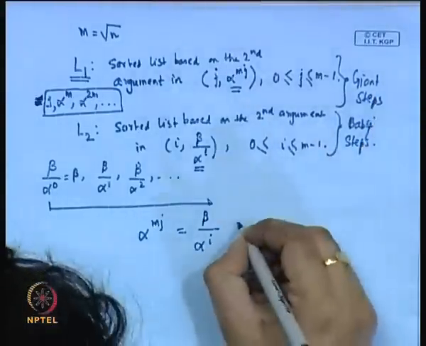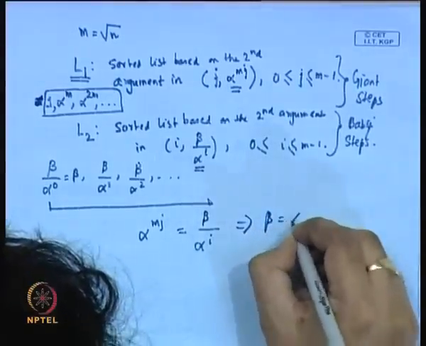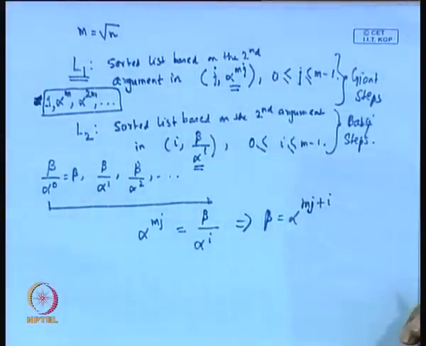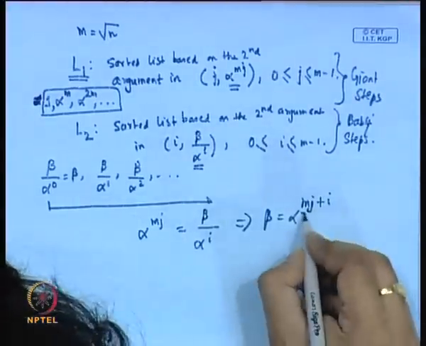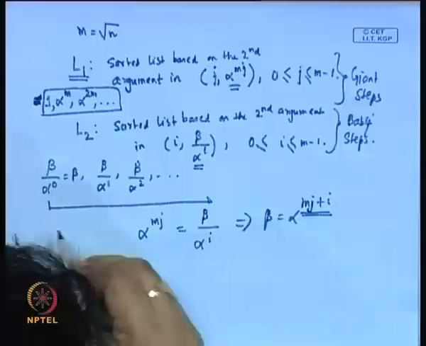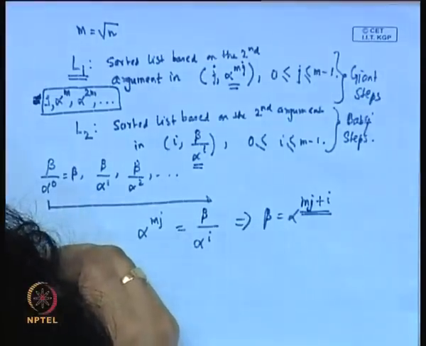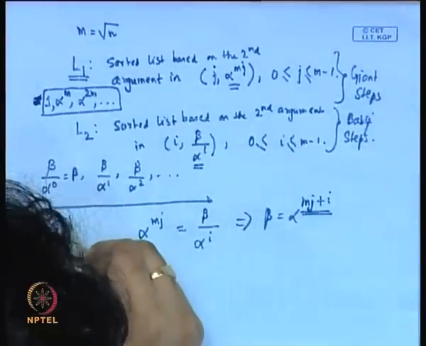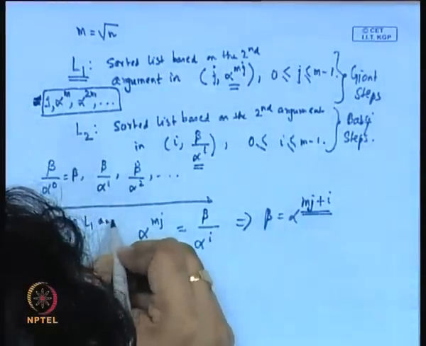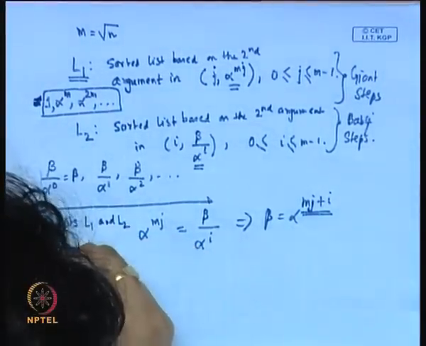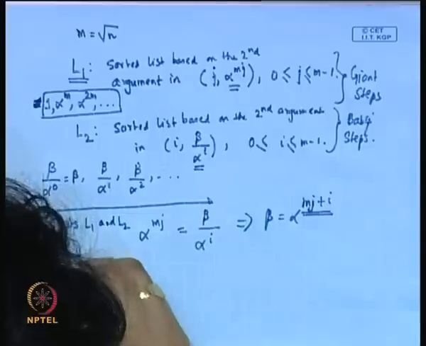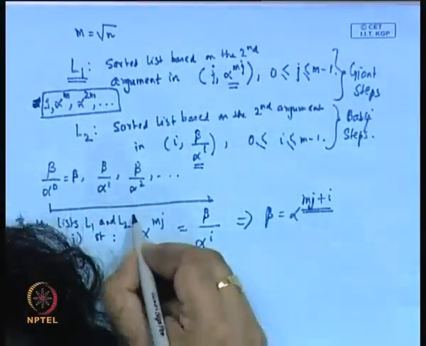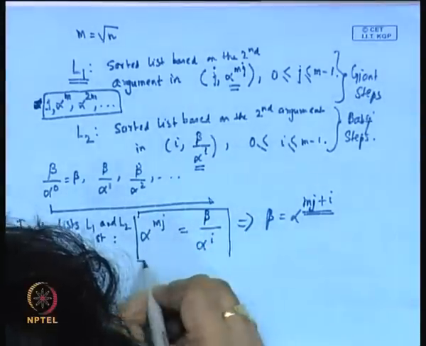This means that beta is equal to alpha power of mj plus i. So in the lists L1 and L2, obtain i and j such that this relation is maintained.